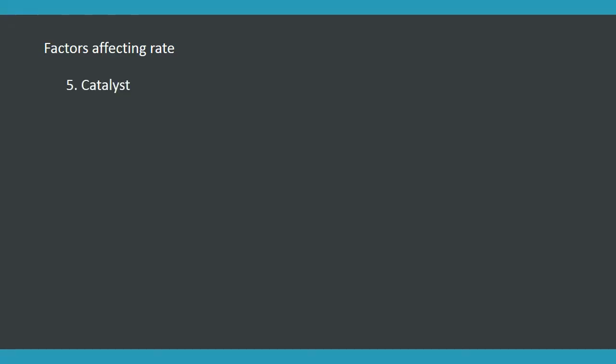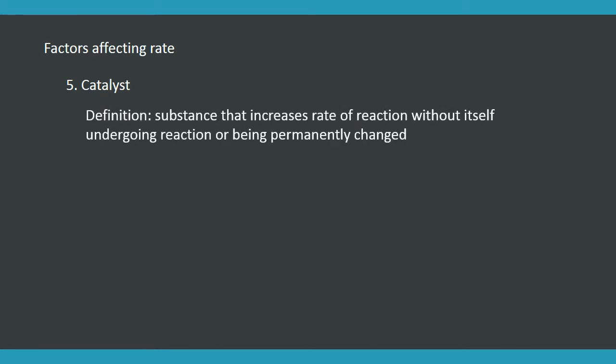And then lastly, a catalyst. So hopefully this is a reminder, but a catalyst is a substance that increases the rate of reaction without itself undergoing the reaction or being permanently changed. So it's not doing anything except helping push a reaction forward.